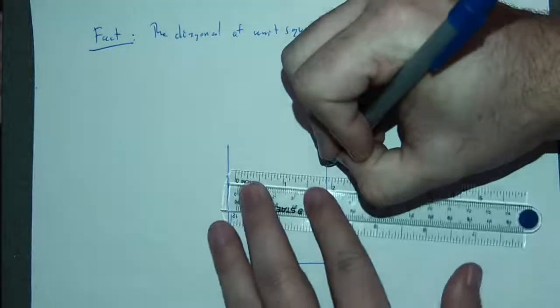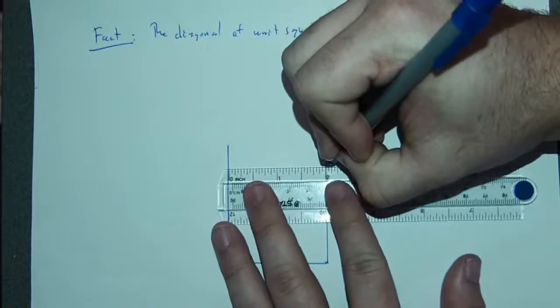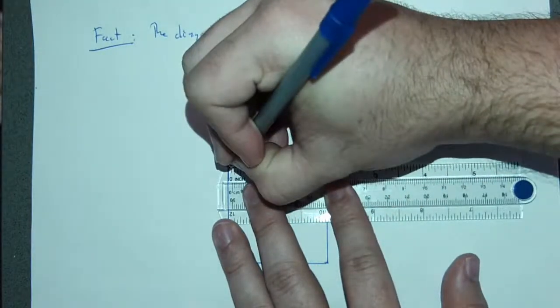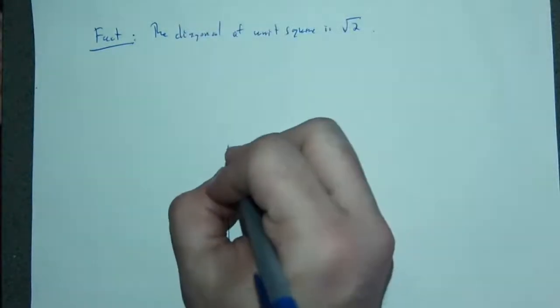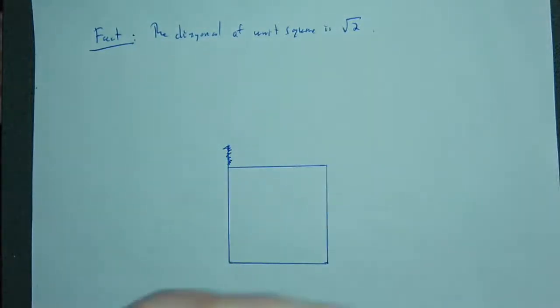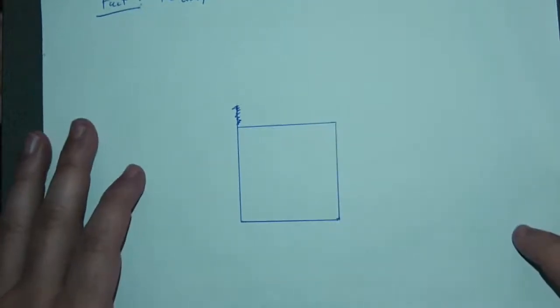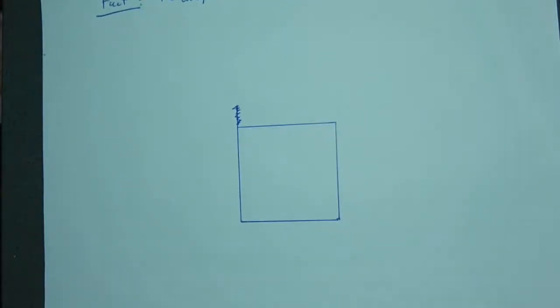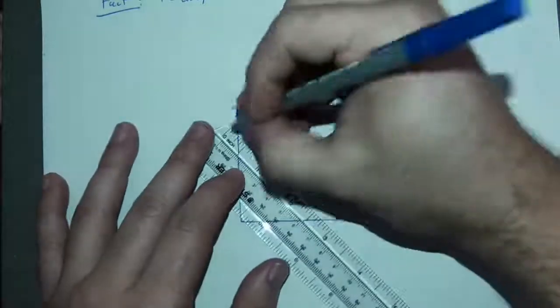I must have not paid attention, there, ignore this part. Okay, so the diagonal of a unit square is length square root of 2.